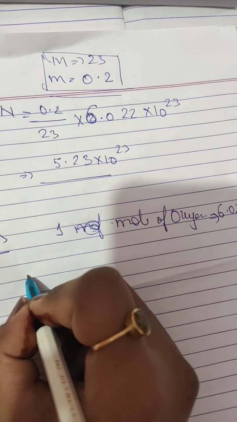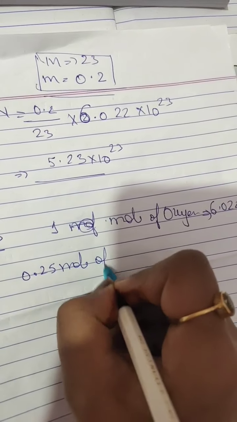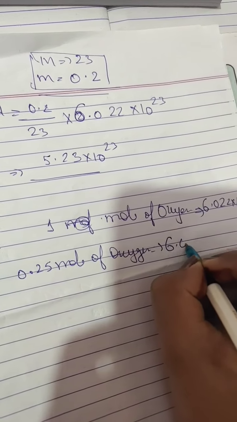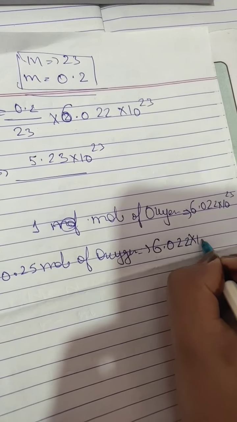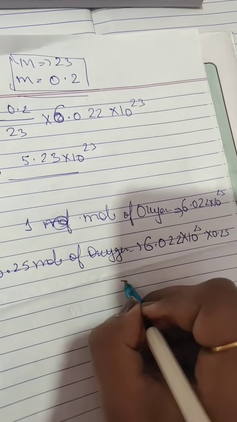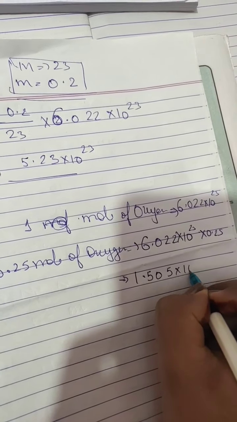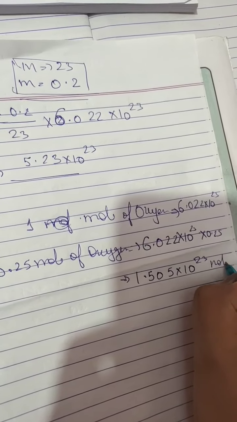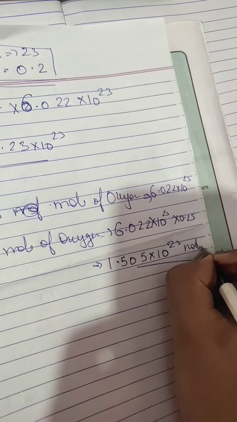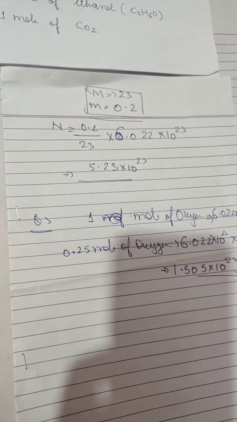So 0.25 mole of oxygen will contain 6.022 into 10 to the power 23 into 0.25, which will be 1.505 into 10 to the power 23 molecules. Sorry, not moles, it's molecules. This is something we can find very easily.